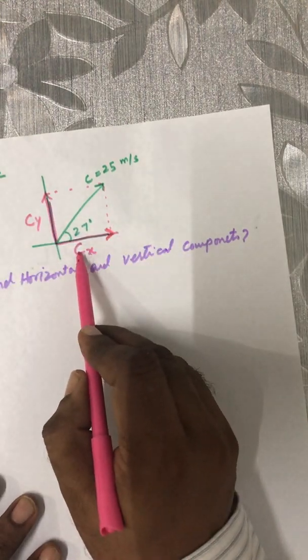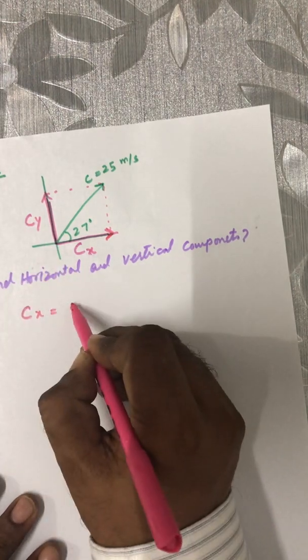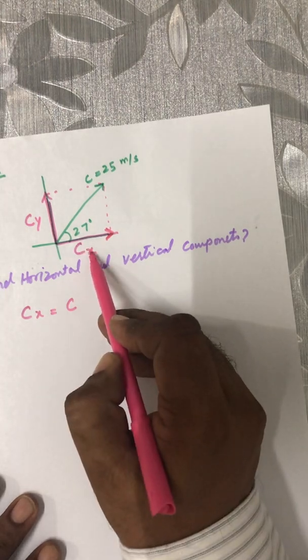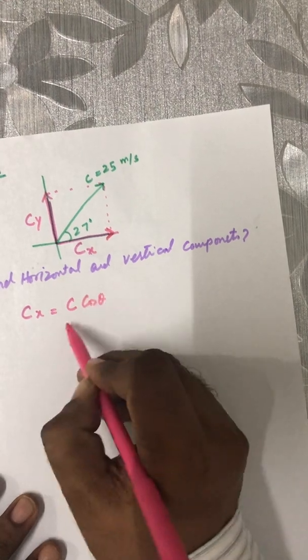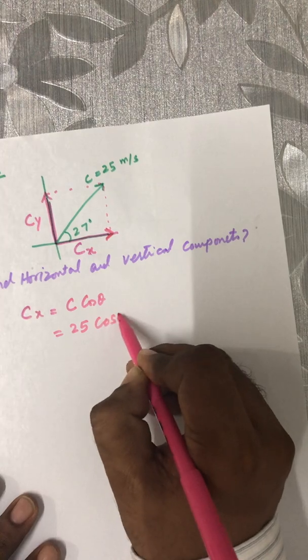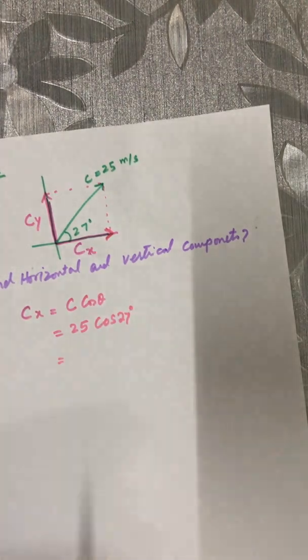So the x component of vector C and the y component of vector C. Now Cx will be equal to C cosine theta. Why? Because this x component is touching the angle, so it will be cosine theta. So C is 25 and then cosine 27 degrees. Again use the calculator to get the answer.